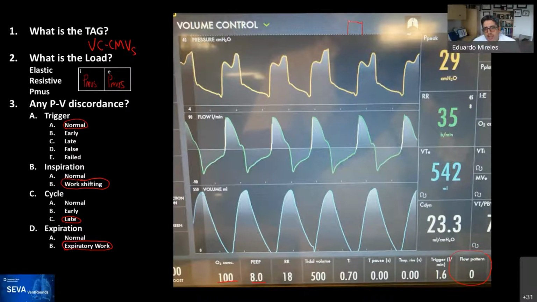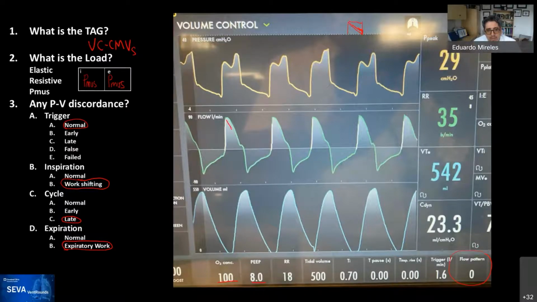The 100 is the percent of the peak flow. So if you put 100, it would be a square waveform, and if you go to 50%, it would look like this. And if you go to 0, it would be a descending ramp all the way like that. So this is what you would be expecting to see in this waveform.